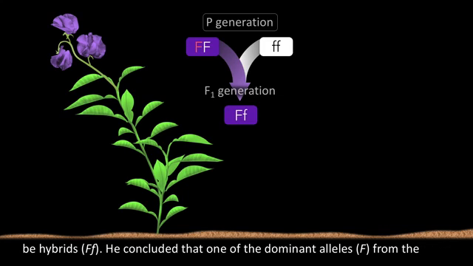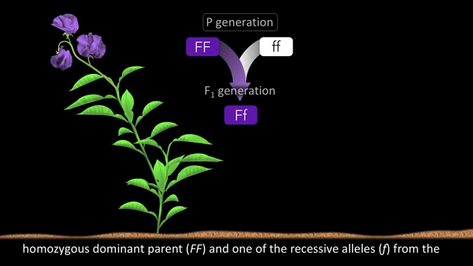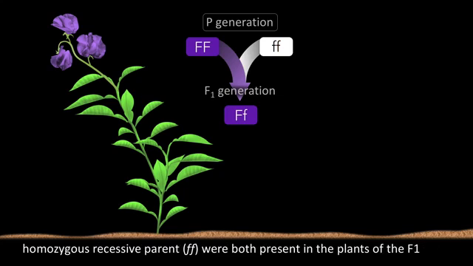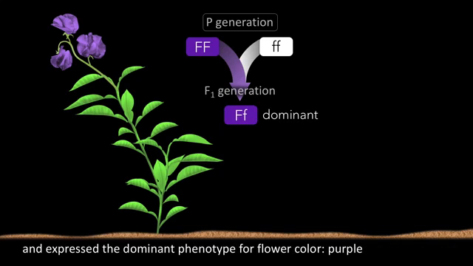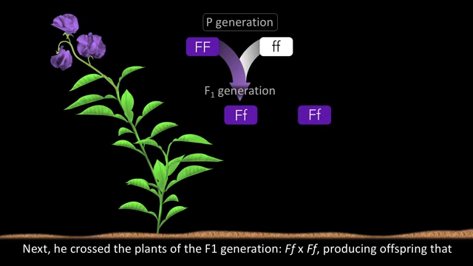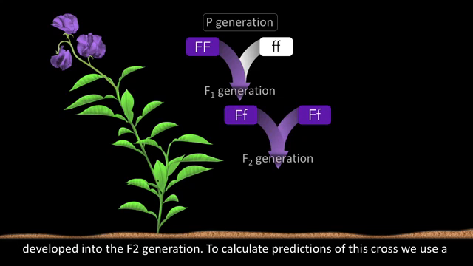He concluded that one of the dominant alleles from the homozygous dominant parent and one of the recessive alleles from the homozygous recessive parent were both present in the plants of the F1 generation. In other words, all plants in the F1 generation were heterozygotes and expressed the dominant phenotype for flower color, purple. Next, he crossed the plants of the F1 generation, big F little f times big F little f, producing offspring that developed into the F2 generation.